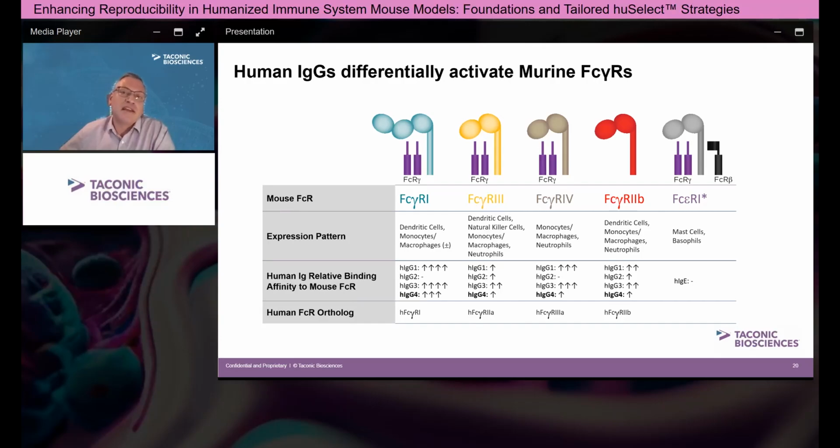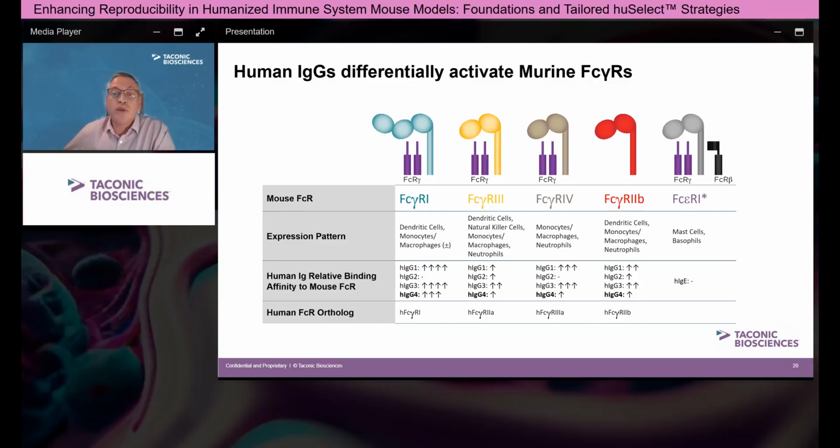And what that means is that it will potentially introduce unwanted Fc effector function, as well as unintended binding of human monoclonals when delivered to a mouse.